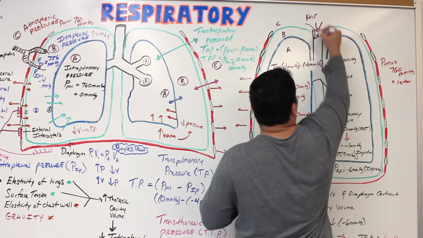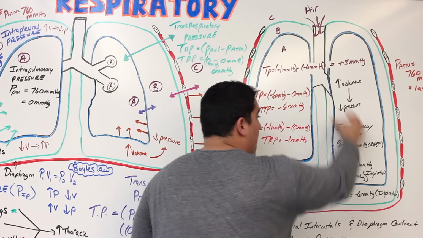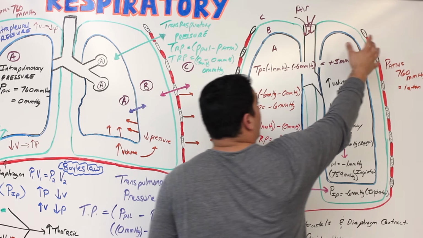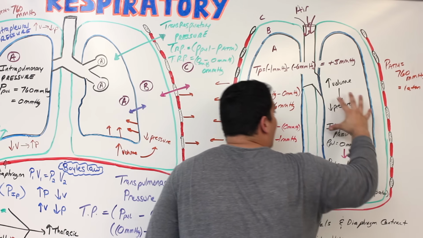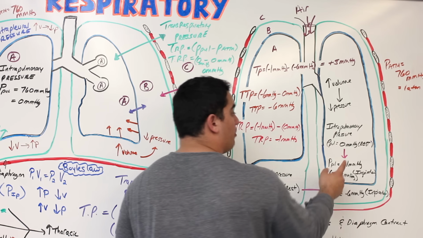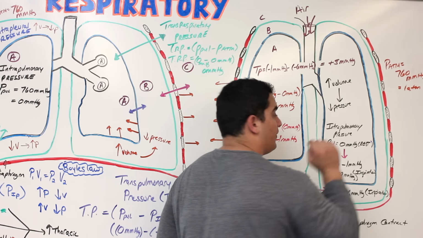Air starts flowing inward. As the air starts flowing inward and more and more into the lung, it'll continue to flow from the atmosphere into the actual lungs until the intrapulmonary pressure at the peak point of inspiration goes until it actually equals the atmospheric pressure.